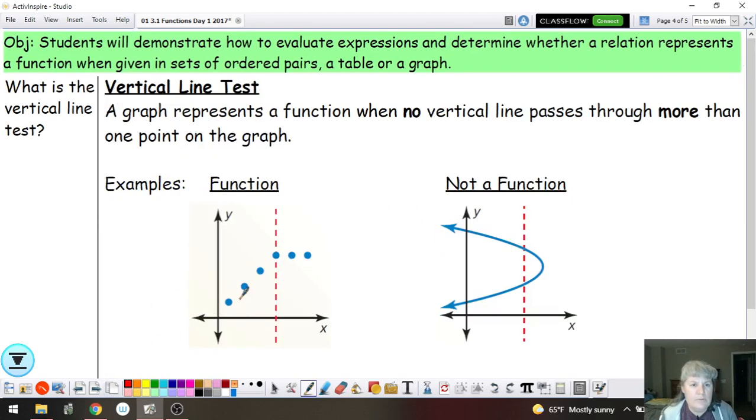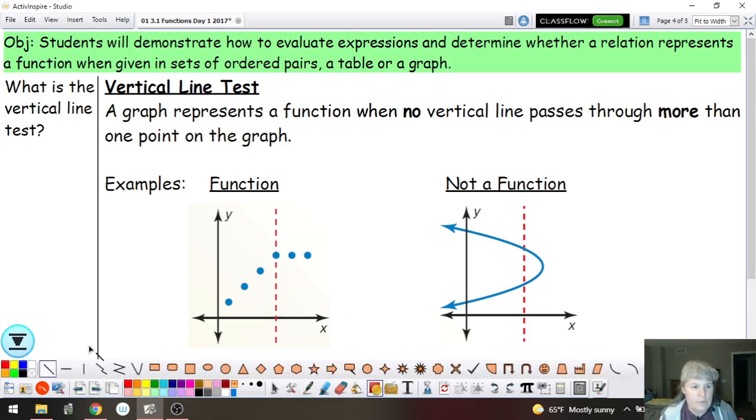We can also determine if a graph is a function using what's called the vertical line test. So a graph represents a function when no vertical line passes through more than one point on the graph. So here we have this dashed vertical line.